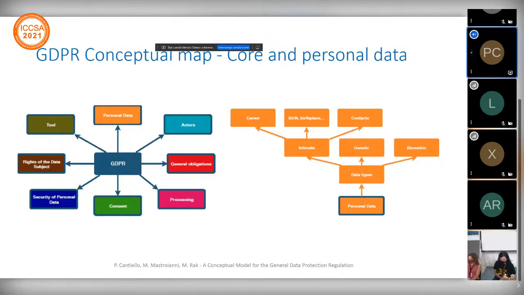For each of these 8 concepts, we have exposed some sub-concepts. I will try to go faster. Just as an example, for personal data, we can see that personal data can be divided into 3 main types: intimate data, such as career, birthplace, contacts, or genetic data, biometric features, or some other health data.